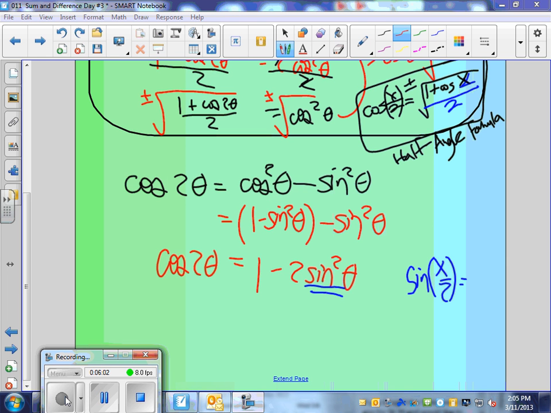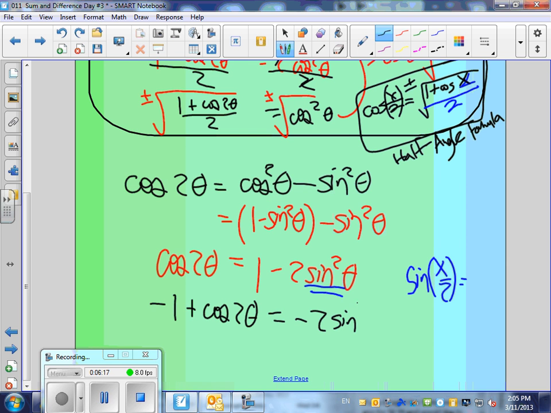When I solve here, I can subtract 1 from both sides. So I get minus 1 plus cosine 2 theta is equal to negative 2 sine squared theta. And then let's divide by negative 1, making this a plus, this a minus, and this a plus.